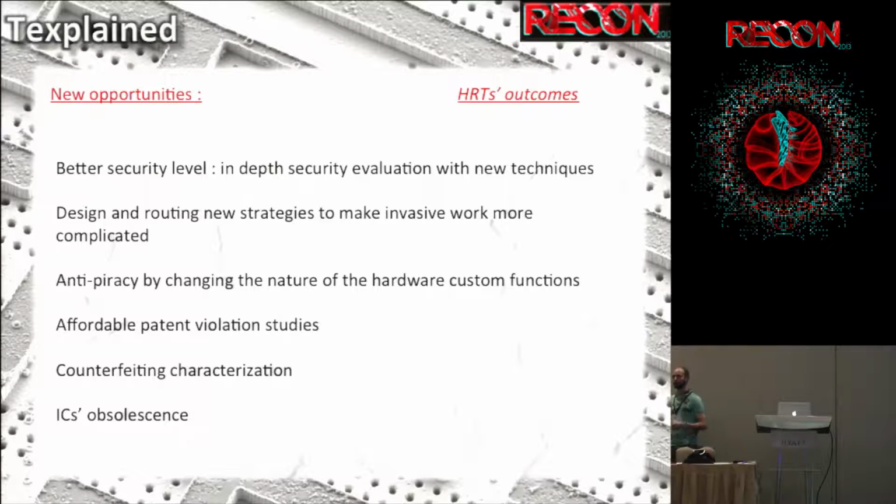Let's imagine there's one chip that disappeared, and no datasheet, nothing. But it's used in a critical environment, and you want to find a solution. Why not taking it, using techniques to emulate it, to have the netlist of it and replace it with something, an FPGA, or I don't know. There are things you can do at this stage.